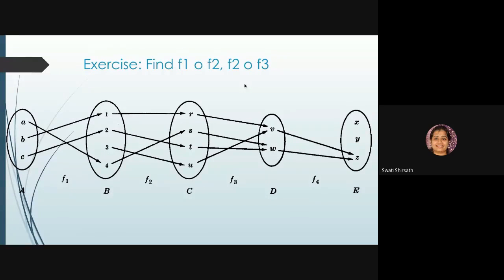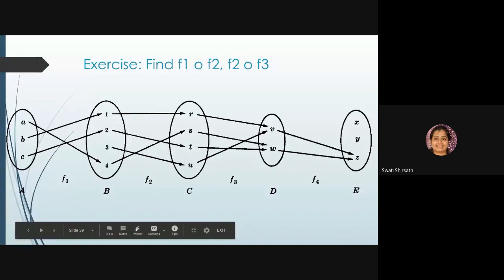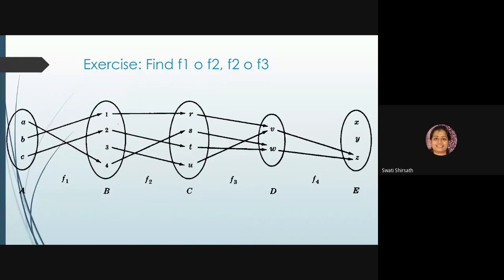But yes, f2 of f1 is possible and f3 of f2 is possible. So calculate that. f2 of f1 and f3 of f2.